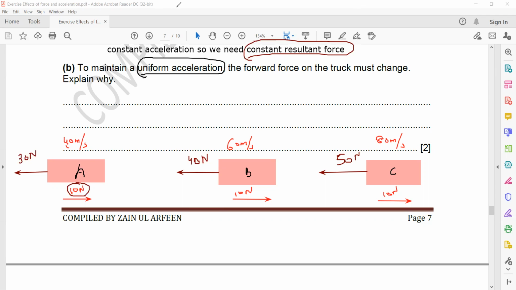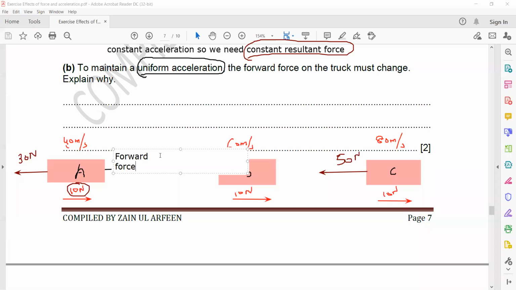What should be the force of the engine? I want the resultant to be 10 towards the right hand side, in the same direction as the motion.